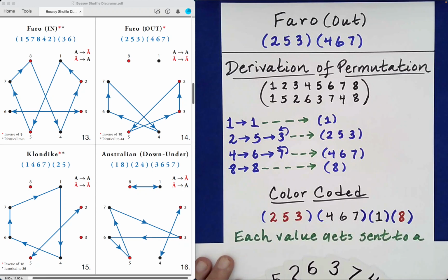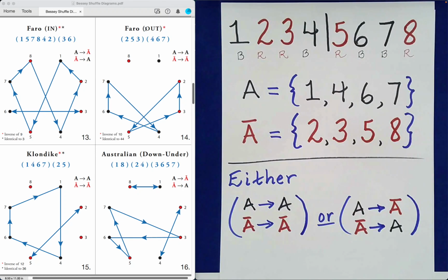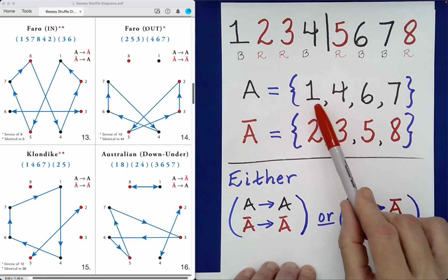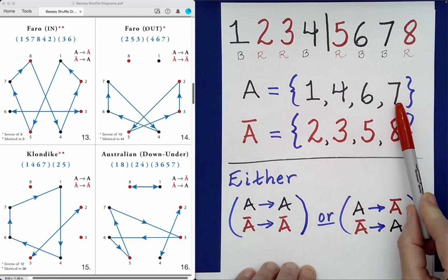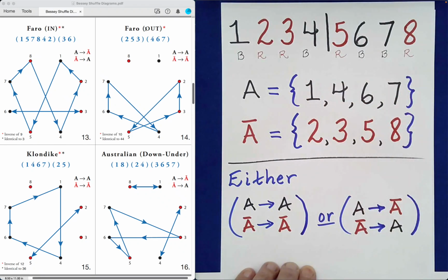So what this will mean in particular is that each value gets sent to a value of the same color, and this means that inversion has not occurred. So this simply means that the cards in these positions will stay in those positions, 1, 4, 6, 7, and the same thing is true for the complement of A. Cards in these positions here will stay in positions 2, 3, 5, 8.